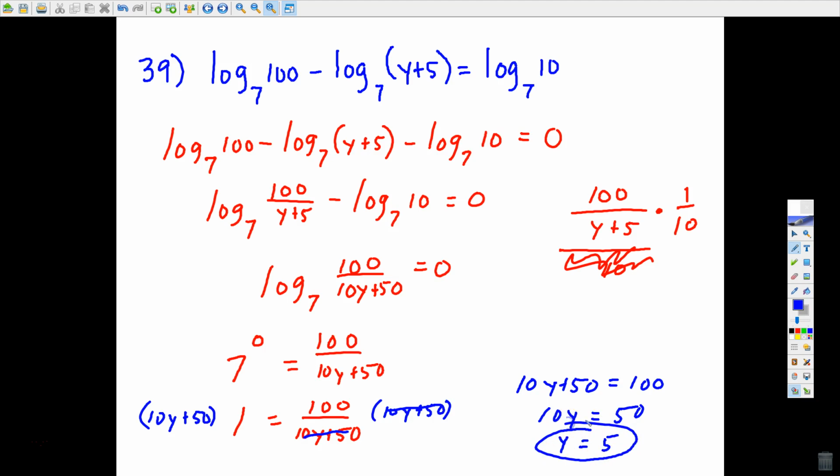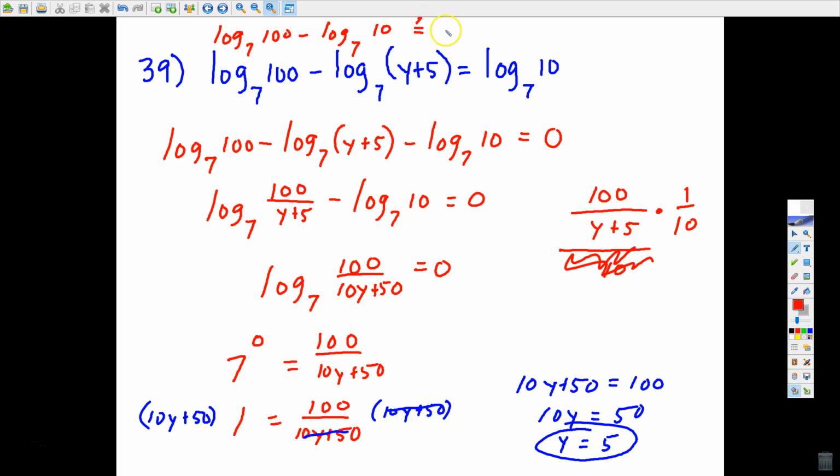Okay. Now you want to double check because that may look like an answer, but when we actually plug it in, it doesn't work. So let's check with a different color. Log base 7 of 100 minus log base 7 of 10, 5 plus 5.